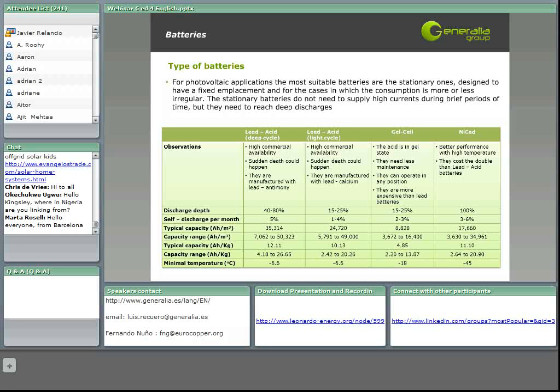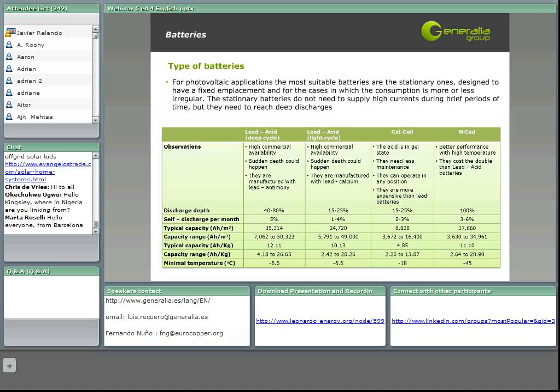If you check the discharge depth, the highest one is the nickel cadmium one that can get to 100% of depth of discharge. But the lead acid one does also have quite a high discharge depth, getting up to 80%.